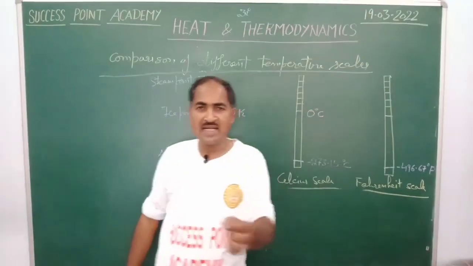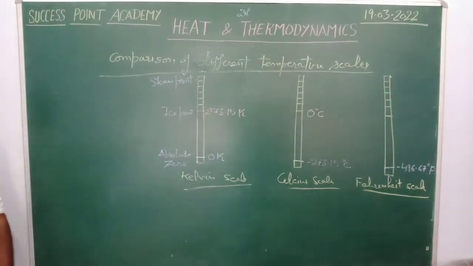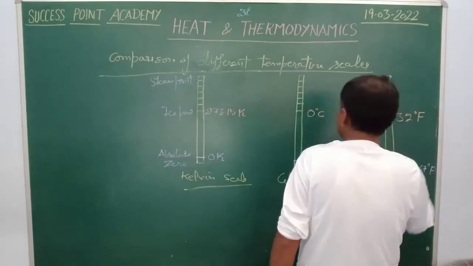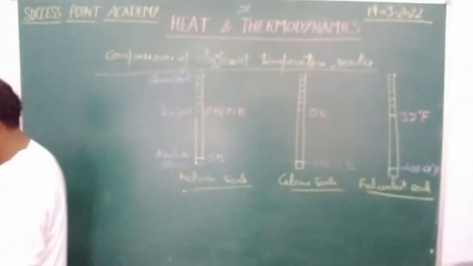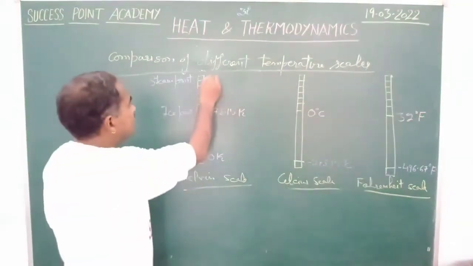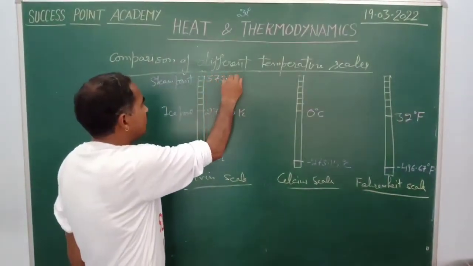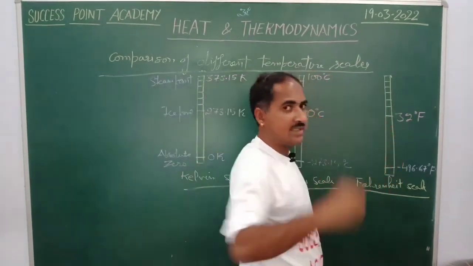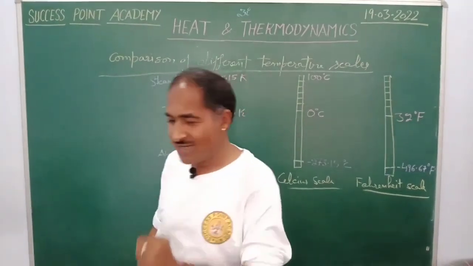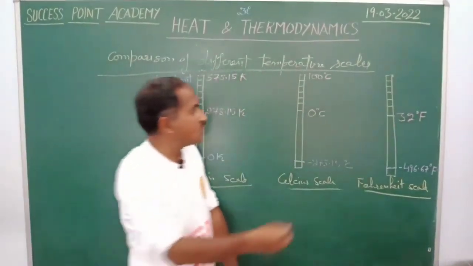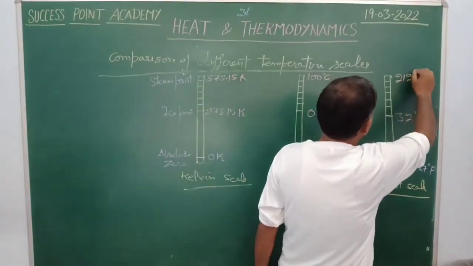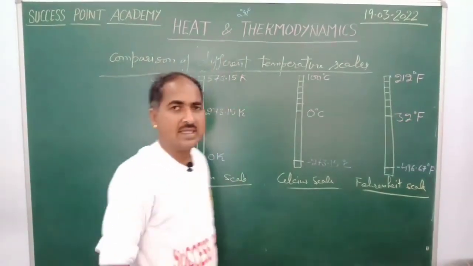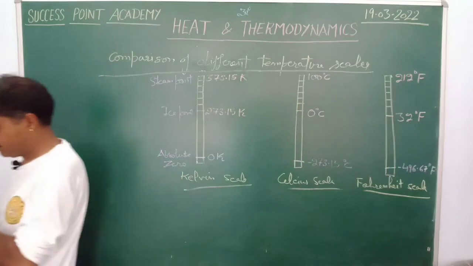And on the Fahrenheit scale, 0 degree is equal to 32 degree Fahrenheit. And if we talk about the steam point, it will be 373.15 Kelvin, and here it is 100 degrees Celsius. But for Fahrenheit, the value will change. It is 212 degree Fahrenheit. So this is how we can compare the three types of temperature scales.